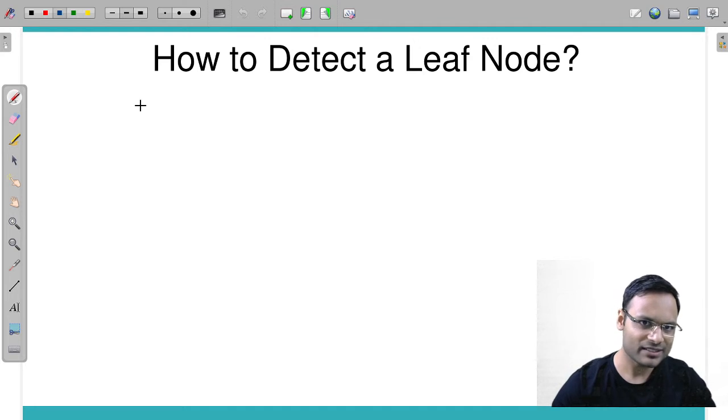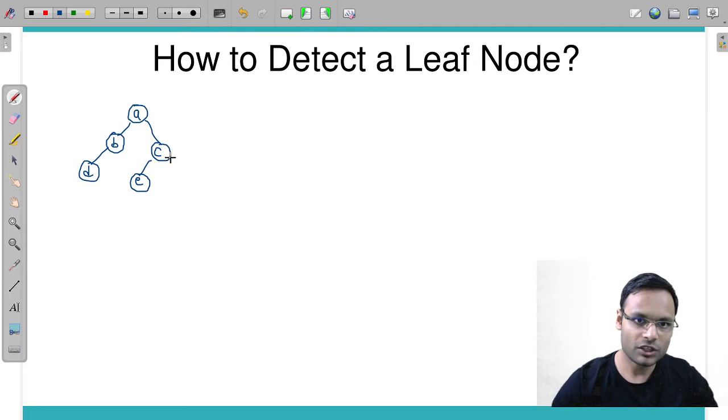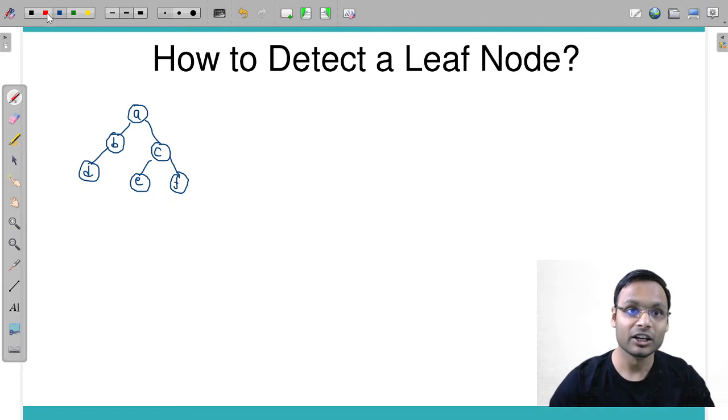Okay, let me take a simple example. Suppose this is the tree you have, represented in linked representation.